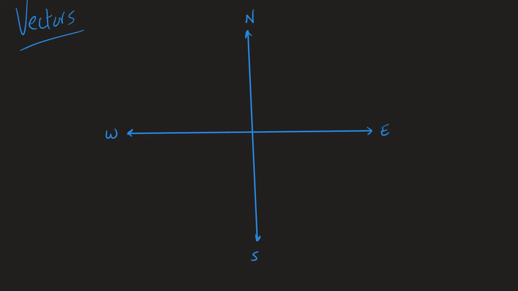I want you to walk to this point right here. That point in polar is 10 meters away from the origin at an angle of 25 degrees west of north.